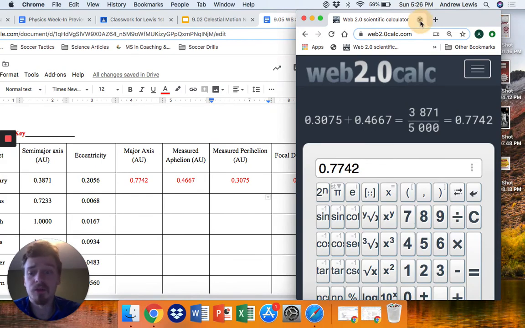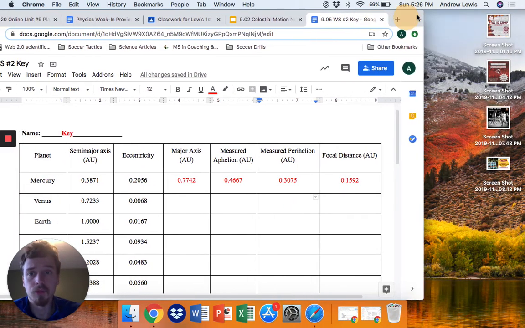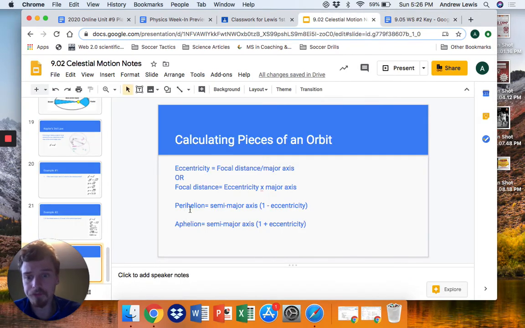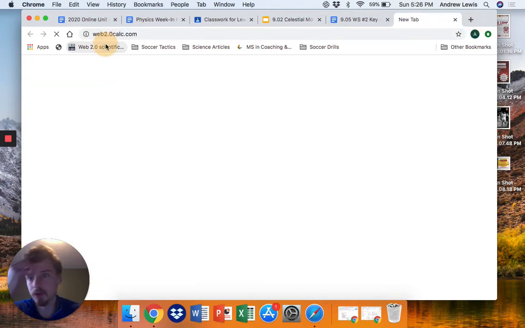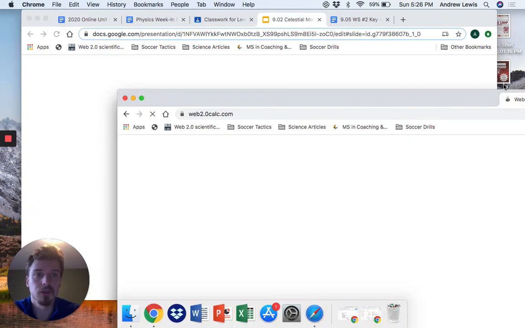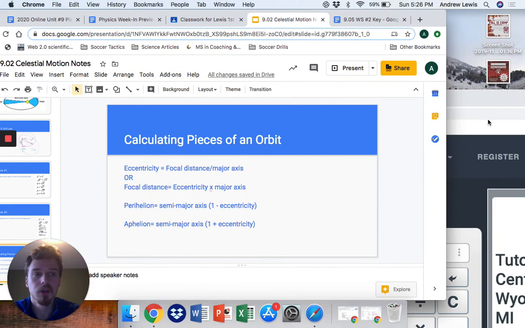So I know that was kind of complicated, but really we have two formulas that we can use here as well. So you can find your perihelion by doing the semi-major axis times 1 minus our eccentricity. So if I pull up the Web 2.0 calc again, I shouldn't have deleted this, I apologize.